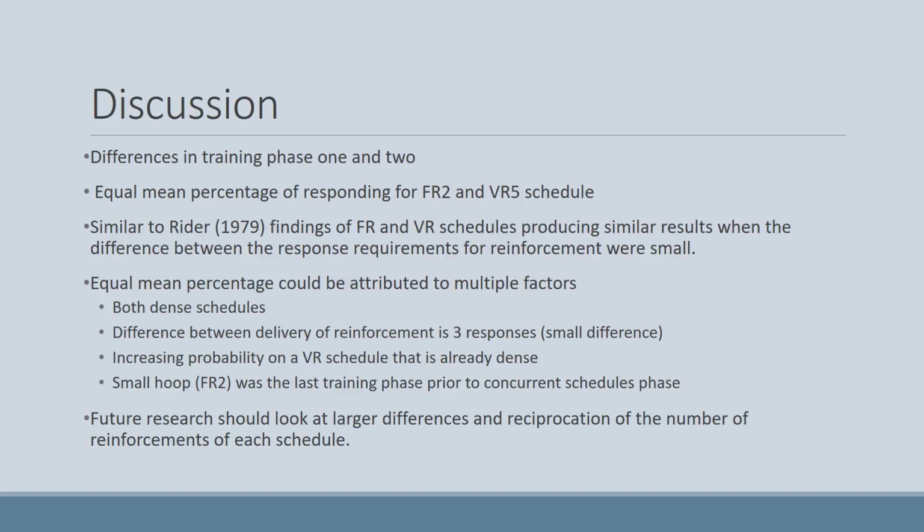So there were some differences in training phase 1 and 2, the biggest one being that training phase 1 lasted much longer than training phase 2. This could be due to desensitization to the training equipment during the first training phase, as the subject had never been exposed to any of the training materials, including the platform, the hoop, and the feeding wand.